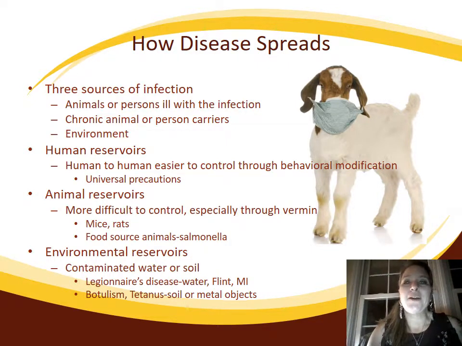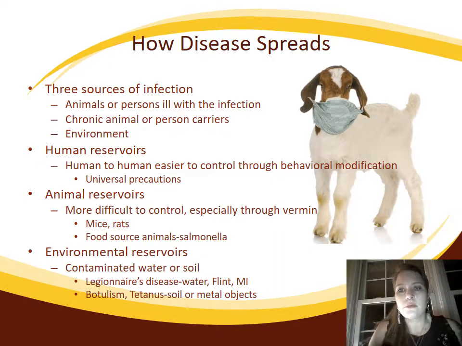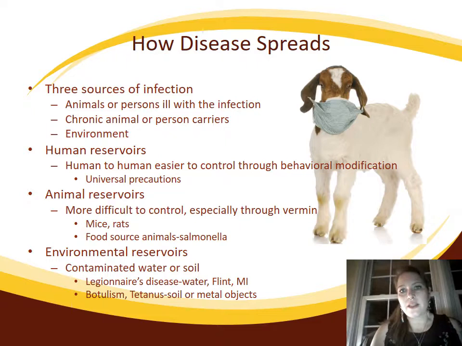So let's talk about how disease actually spreads. Now, we talked about the general system in which the disease spreads, but there are three usual sources of infections. First of all, animals or people that have the infection to begin with.